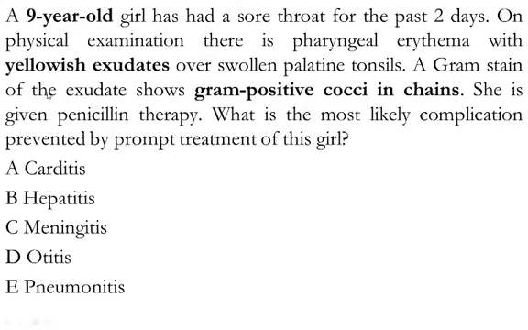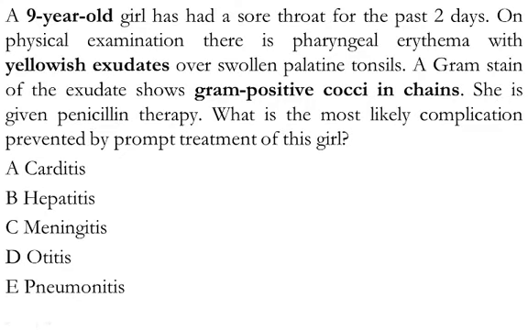A gram stain of the exudate shows gram-positive cocci in chains. Microbiology drives, yeah. So gram-positive cocci in chains implies what? Streptococci. So they describe streptococcal infection. She is given penicillin therapy.